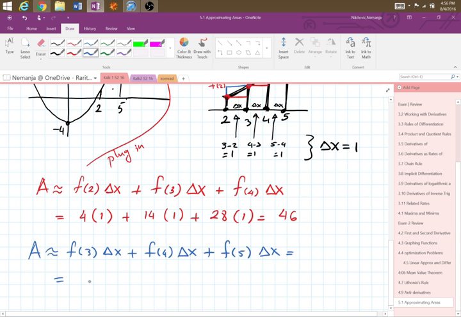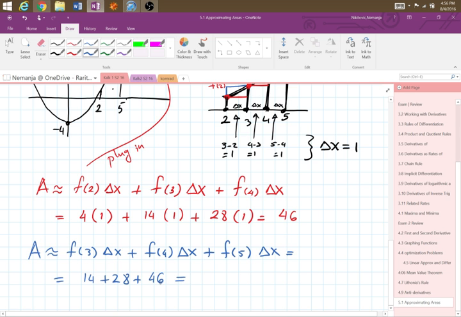So we have 14 plus 28. And now we need to compute f of 5. So 5 squared is 25. 25 times 2 is 50. 50 minus 4 is 46. And now we add all of the values.